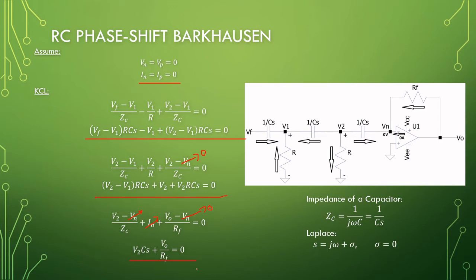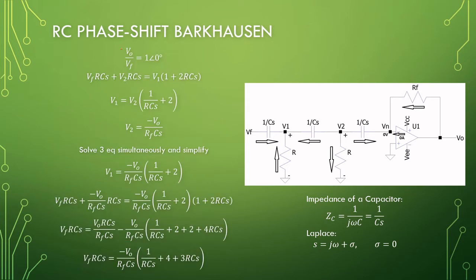And we have 3 equations, and in these equations 2 unknowns that we want to get rid of. So what we want to get to is V out over Vf with a phase shift of 0 and a loop gain of 1.